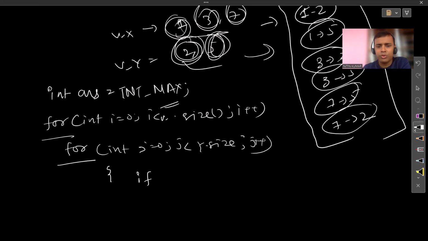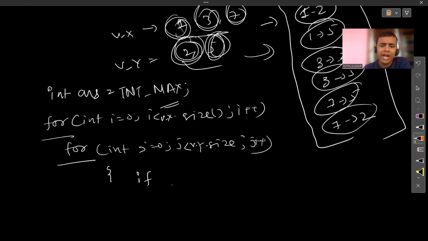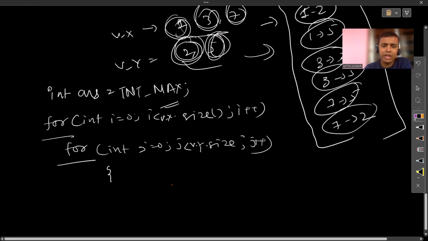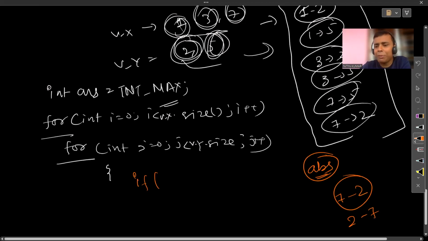So vx.size and less than vy.size. Now inside here, I simply check with the absolute. Why am I using the absolute function? Because whether it is 7 and 2 or 2 and 7, it should give me the same number.